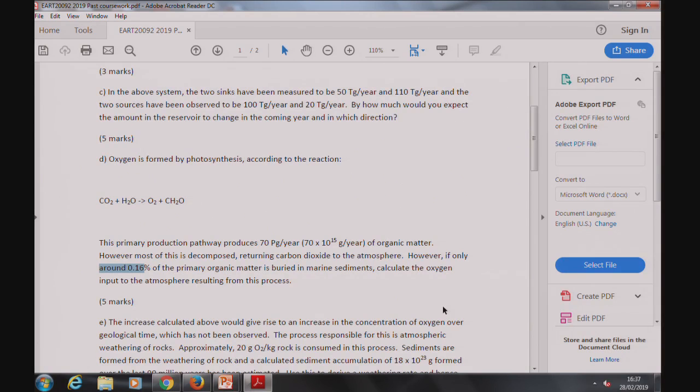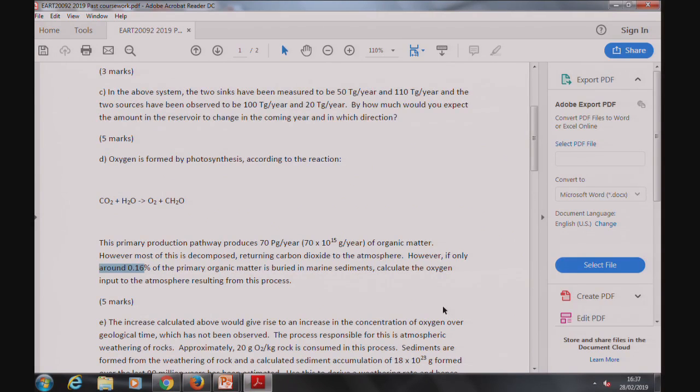So this is the organic matter that finds itself in sediments, and it's a mass. And these chemical equations always apply to number of moles. So if we've got 1 mole of molecular oxygen, that will react with 1 mole of biomass.